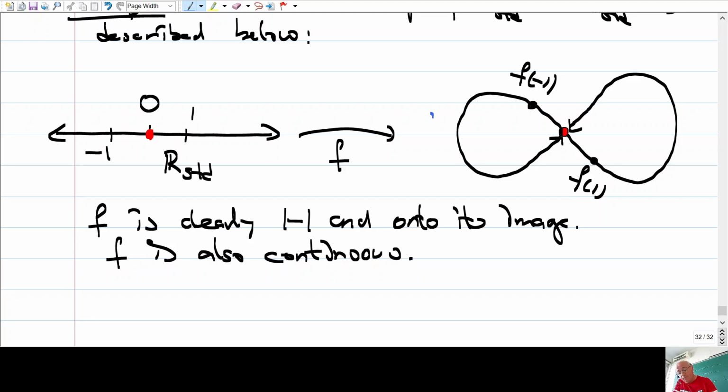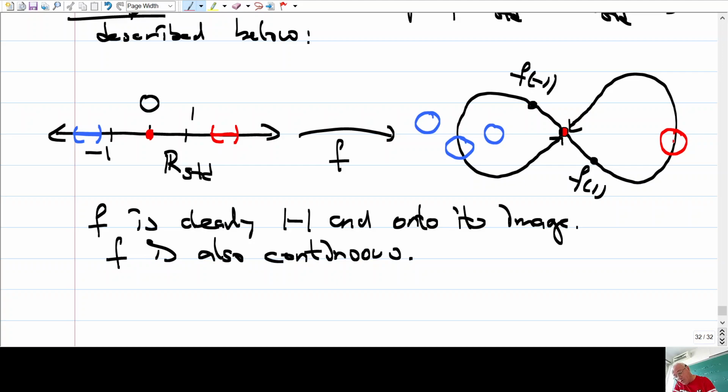So if I choose a ball like this, what is the inverse image of this? Well, it is the empty set, which is open. If I choose a ball like this, the inverse image will be something like this, right? And if I choose an open set like this, then the inverse image will be something like this.